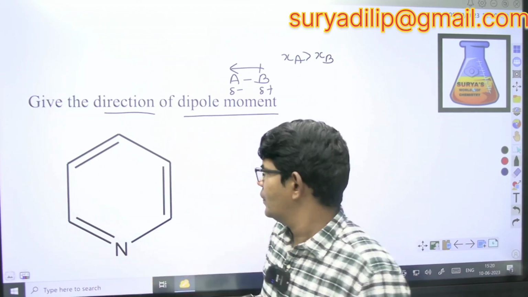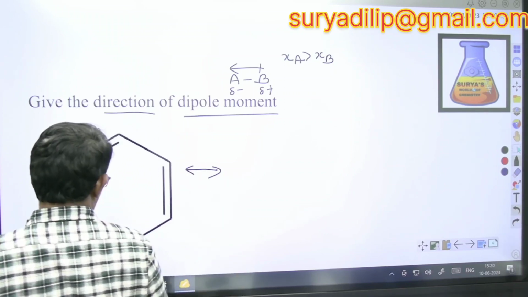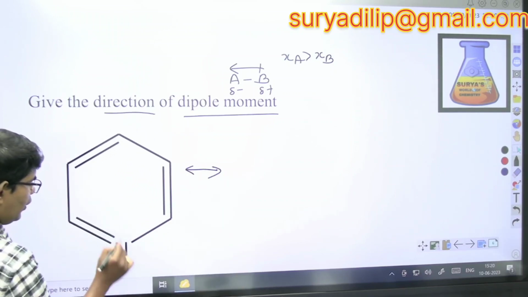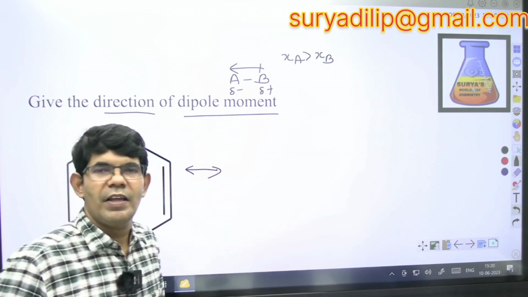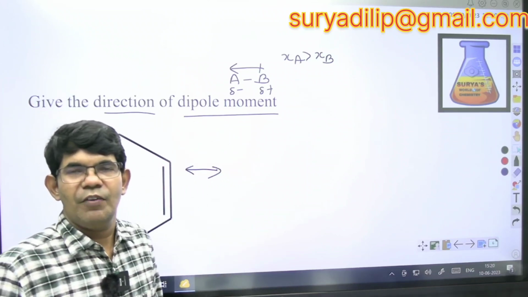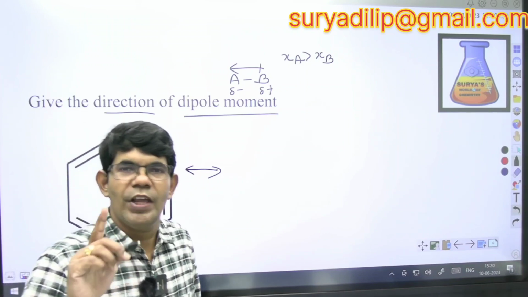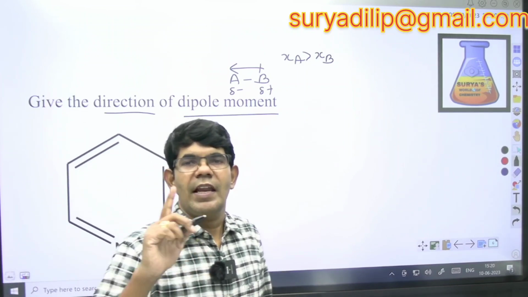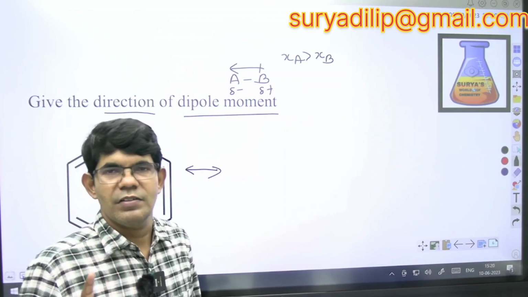So let's solve. Let me draw the resonating structure first. Here you have a lone pair. Will the lone pair be involved in resonance? No, because the lone pair is present in the sp2 hybrid orbital. If you have attended the first session, students, I made it very clear that an atom can give only one orbital to be involved in resonance.